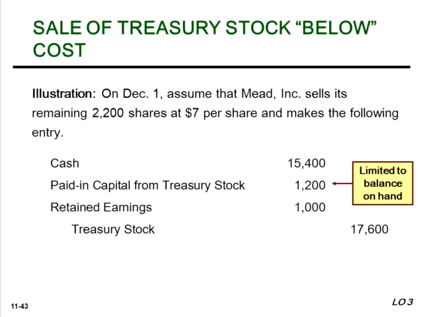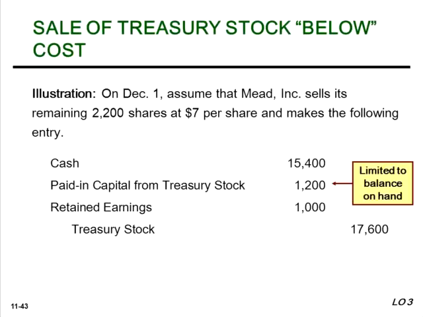On December 1st, assume that Mead sells its remaining 2,200 shares at $7 per share and makes the following entry. We're debiting cash for $15,400. We debit paid-in capital from treasury stock of $1,200, and the reason that we're doing that is that that's all that's left in that account.